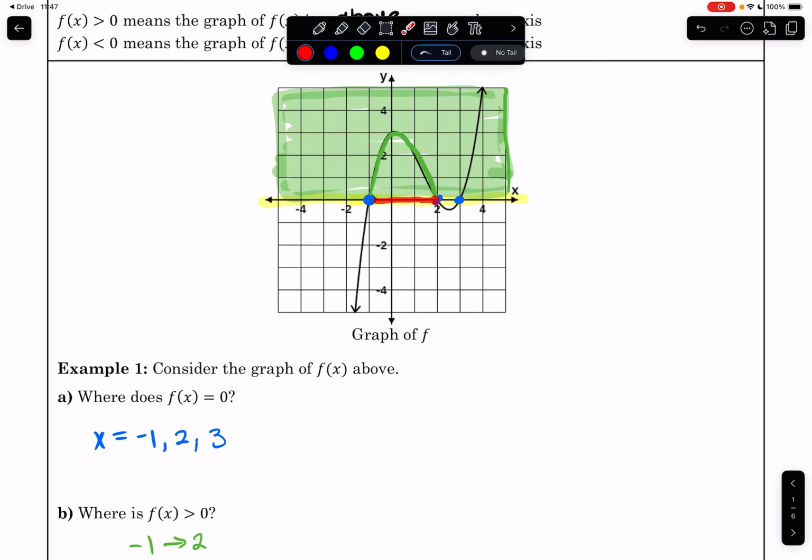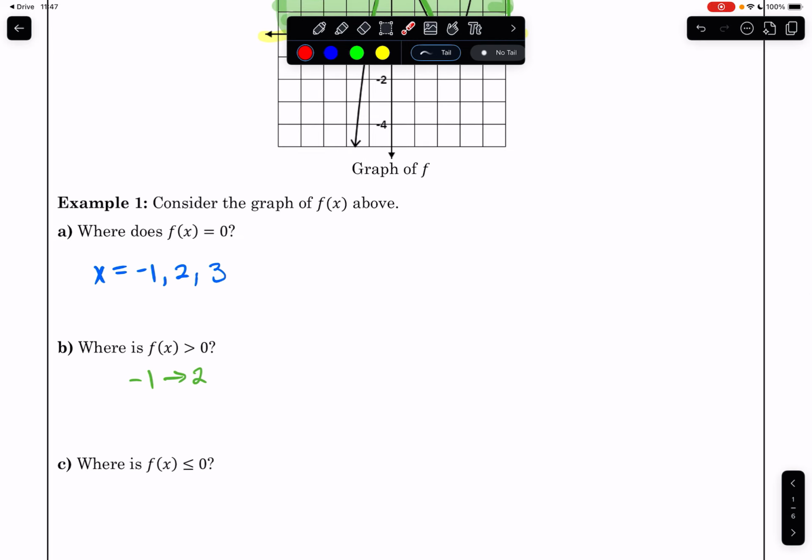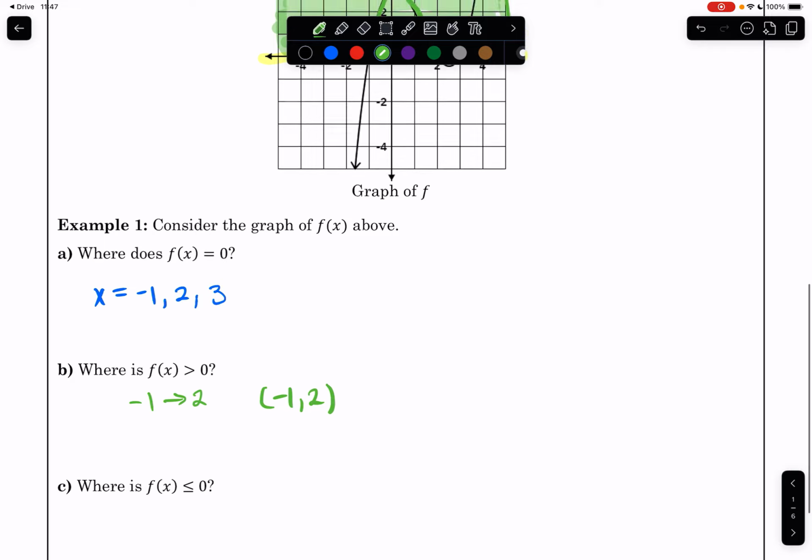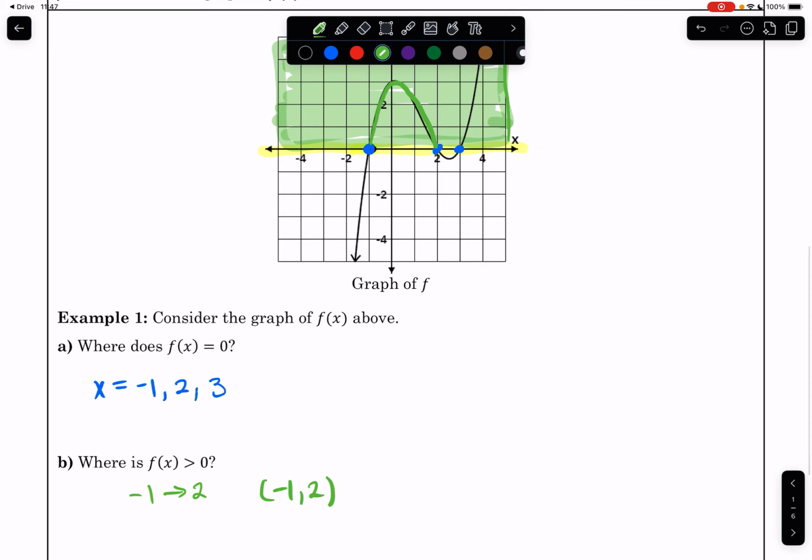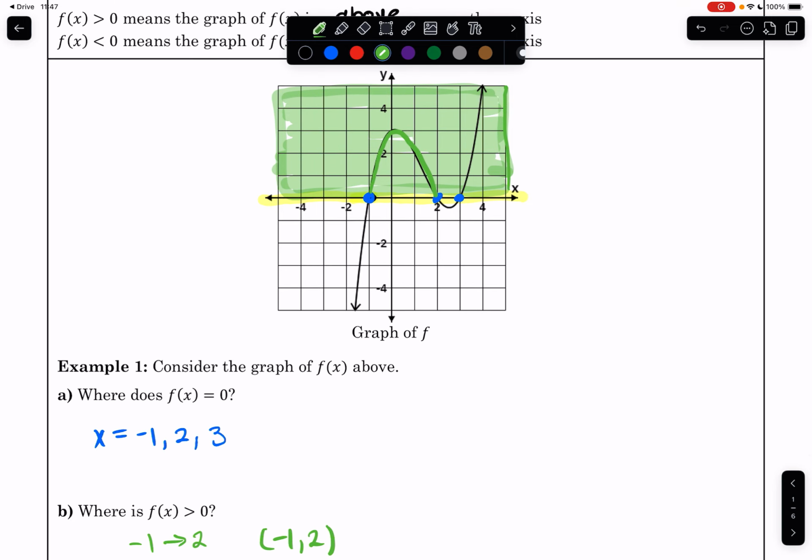So we're above the x-axis from -1 to 2, which in interval notation is written like this. This is where the function is greater than 0. Well, that is not the only place where our function is greater than 0. Our function is also greater than 0 in this portion right here. This part that I've highlighted in green is also above the x-axis. For what x value is that?